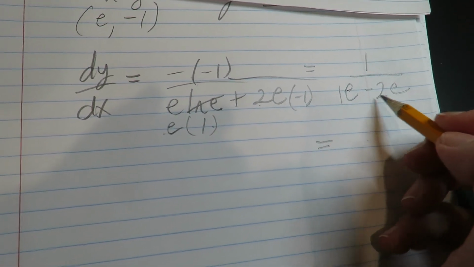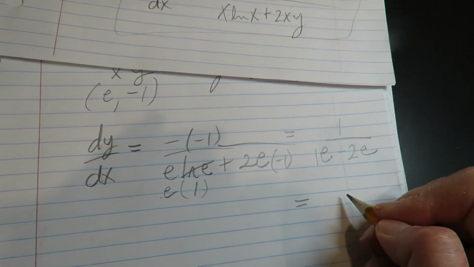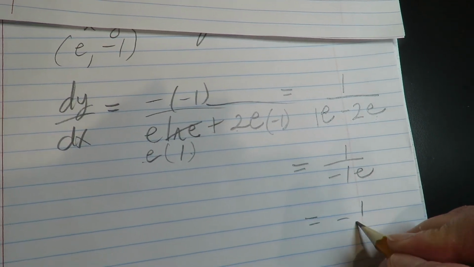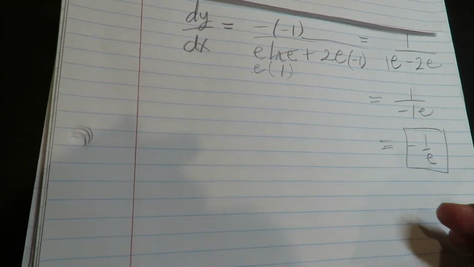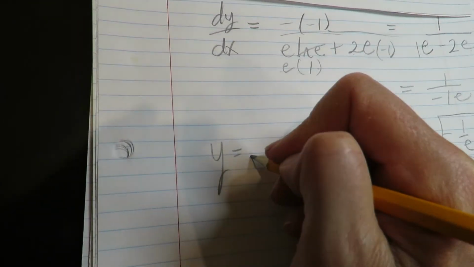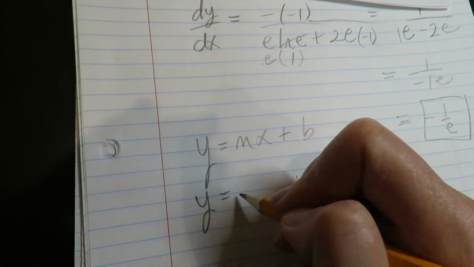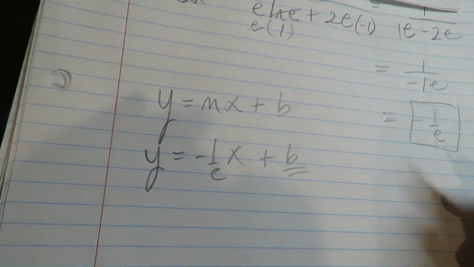You want to think of this as 1e minus 2e's, or like 1 strawberry minus 2 strawberries, which will give you minus 1 strawberry, which you want to write as negative 1 over e. Alright, so that is the slope. So for the tangent line right now, we just got the slope, negative 1 over e, times x. So now we have to find the b.